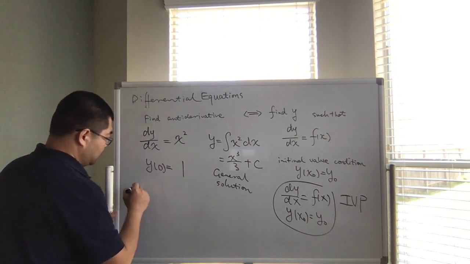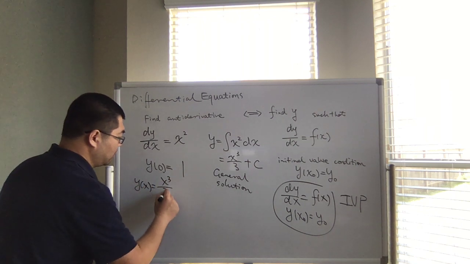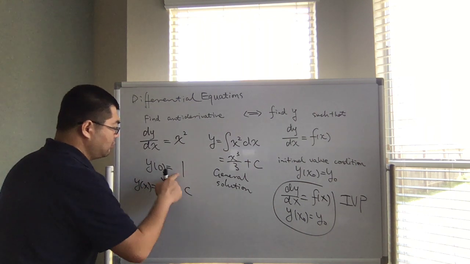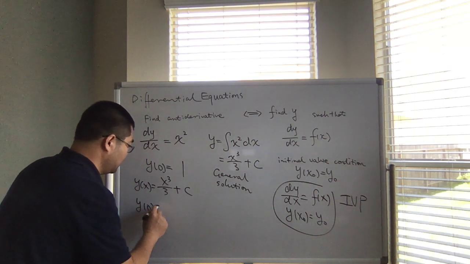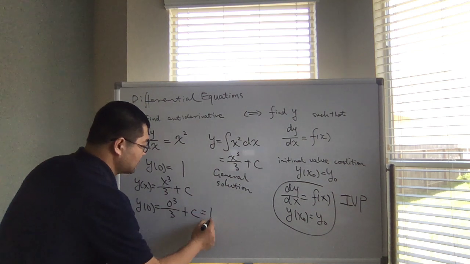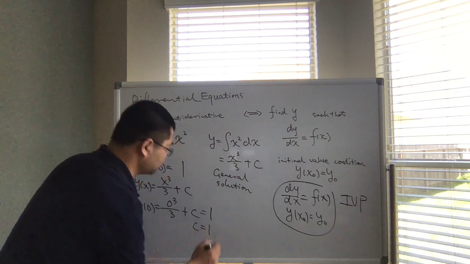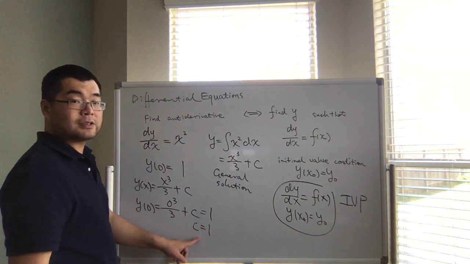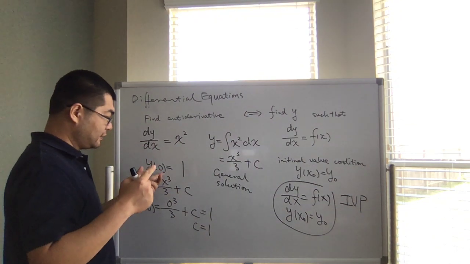Well, since y of x equals x cubed over 3 plus c, and it also satisfies this, y of 0 equals 0 cubed over 3 plus a constant c, which must be 1. Do you see that we can easily figure out our arbitrary constant is not arbitrary anymore? It must equal 1 to satisfy this condition.